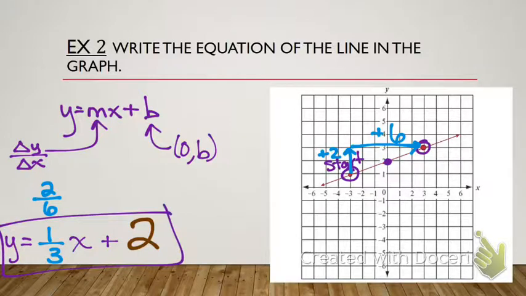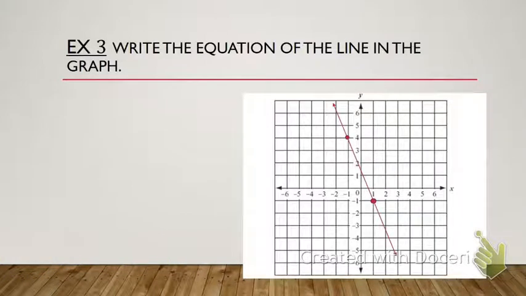Next problem. If I start at (-1, 4) and move to the next point, whether I choose to move to the right first or down first, I'm still going to be moving in the similar direction. So I move down 5, and that's a negative direction, and right 2, which is a positive direction.